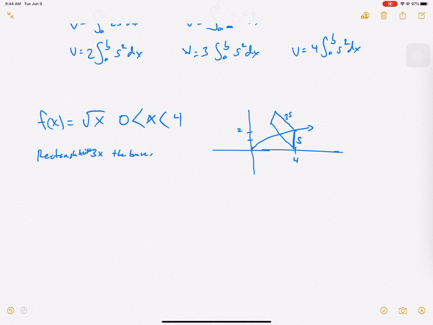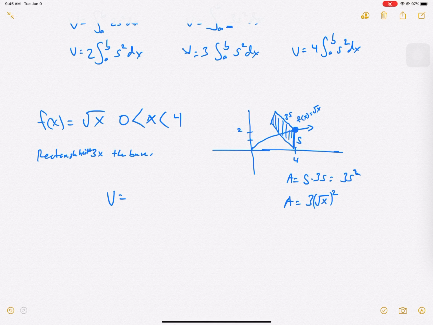So for our volume equation, let's first find the area equation, because we need to find the area. The area of this cross-section is: the base is s, and the height is 3s. So the area would be 3s squared. For us, the s is just our function, which is the square root of x. So instead of writing s squared, we're going to write the area as 3 times square root of x, squared.